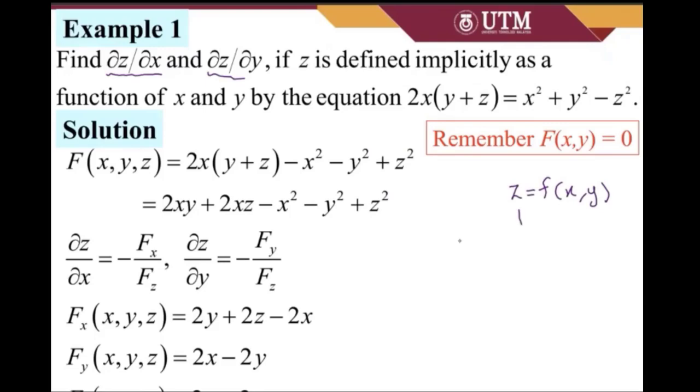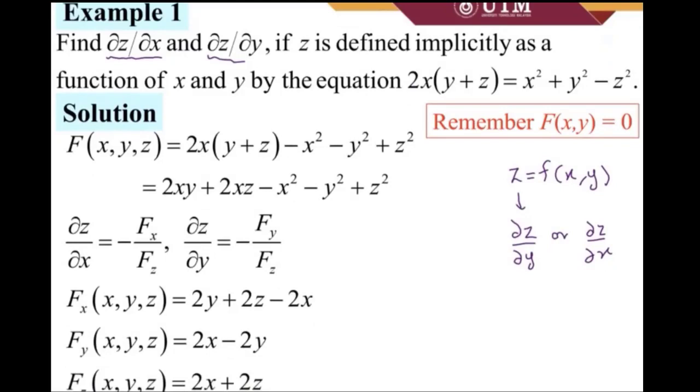And then the question asks to find del z del y or del z del x, right? You see, same thing actually. Now, because this one is implicit, you have to use this way. Capital F(x, y, z) equals 0. So this one is an implicit function of three variables.